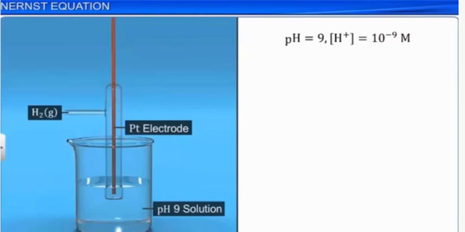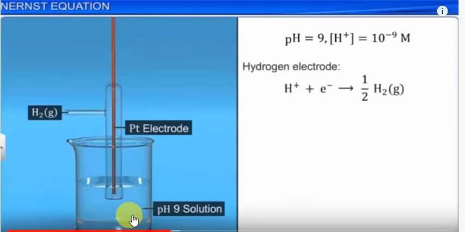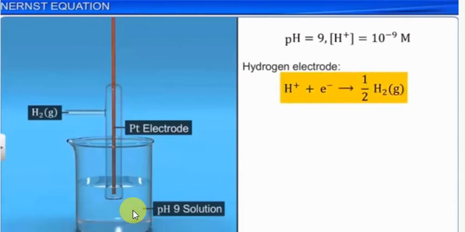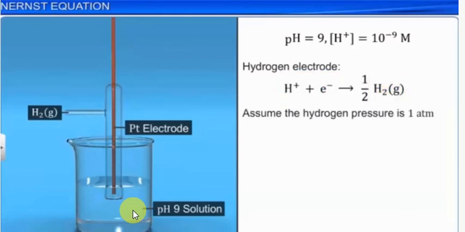The equation for the hydrogen electrode is H plus 1 electron makes 1/2 hydrogen gas. We'll assume that the pressure of hydrogen is held at 1 atmosphere. From the equation, we see that 1 electron is involved, so n equals 1. By convention, the standard potential is 0 volts.